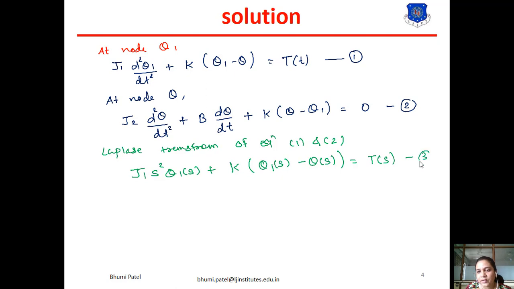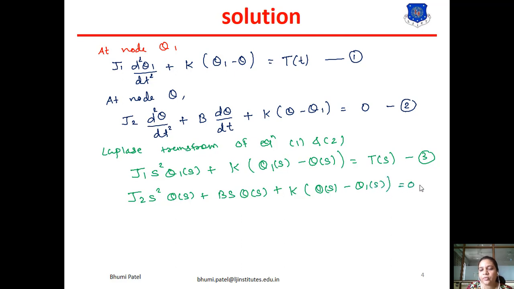This is equation number 3. And for equation number 2, we get J2 s square theta(s) plus bs theta(s) plus K(theta(s) minus theta 1(s)) is equal to 0. This is equation number 4.